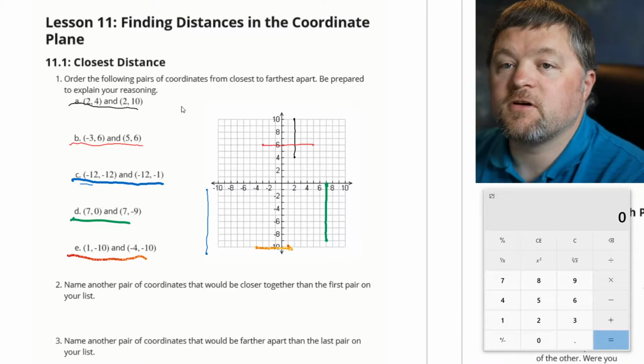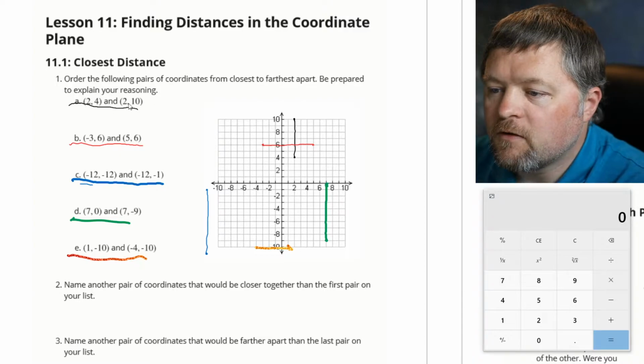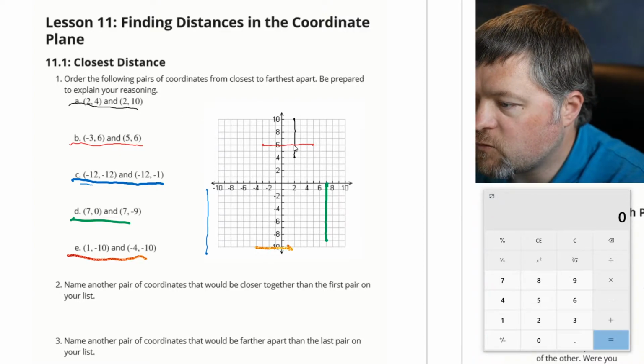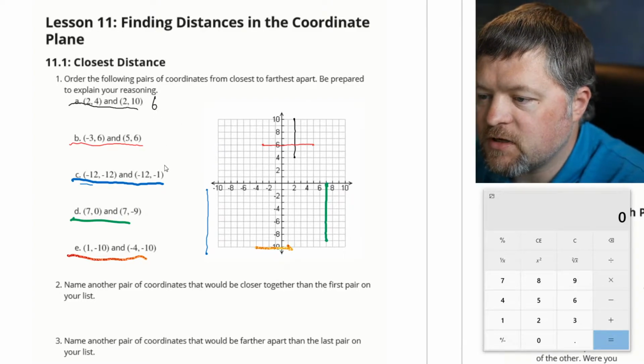So now let's try and figure out how long each of these are. From 2,4 to 2,10 was 1, 2, 3, 4, 5, 6 units.